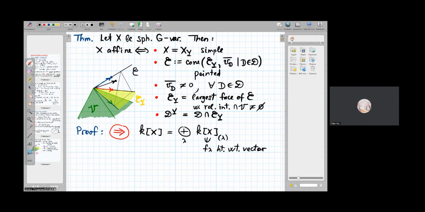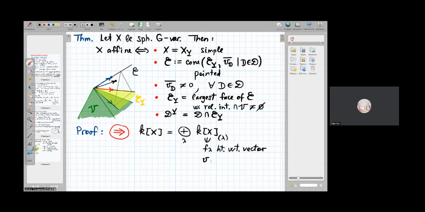And we want to understand which eigenweights correspond to regular functions on X. So the regularity condition means exactly that f_λ has no poles along all B-stable prime divisors in X. This means that the vanishing orders along these divisors should be non-negative.